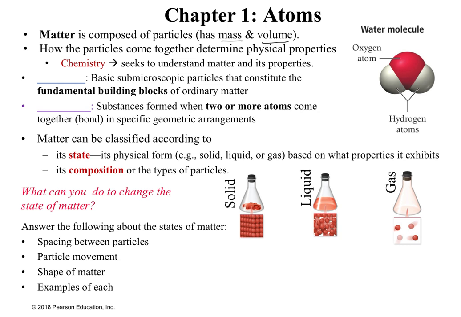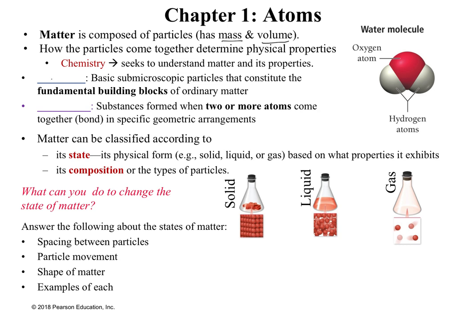When those particles come together, either to interact with each other to create new compounds such as molecules, or even just interact with each other when they're not even bonded, that will determine its physical properties. And so in our chemistry course, we're going to try to understand matter and its properties based off a bunch of different trends and fundamental ideas.